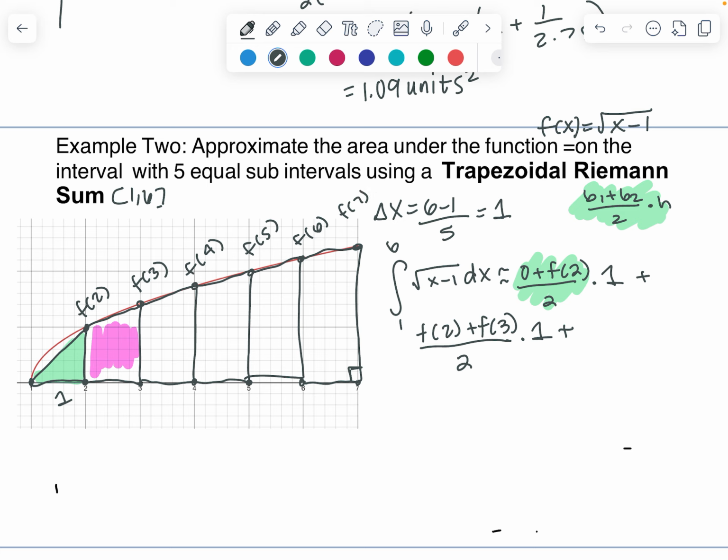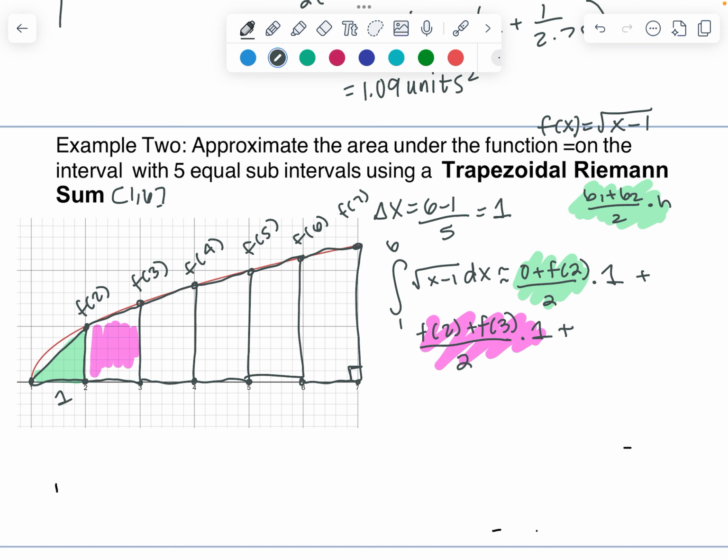When I'm done with this, I should have 6 trapezoid formulas. Right now I have 2, and so I need 4 more. Feel free to write these out and try your best with them, but the next one will be f of 3 plus f of 4 times 1 over 2. And then it'll be f of 4 plus f of 5 divided by 2 times 1. And then I'll just keep going.